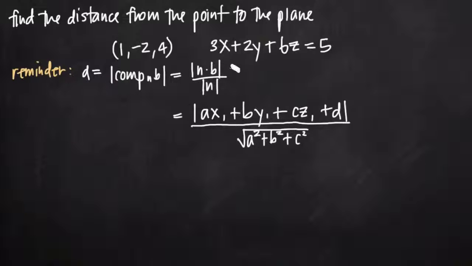We can describe that as the magnitude of the dot product of this normal vector n and the vector b. The vector b here is the vector from a point on the plane, any point on the plane, to this coordinate point which is off the plane. So essentially the vector that connects those two points. And then we divide that by the magnitude of n, remembering again that n is the normal vector.